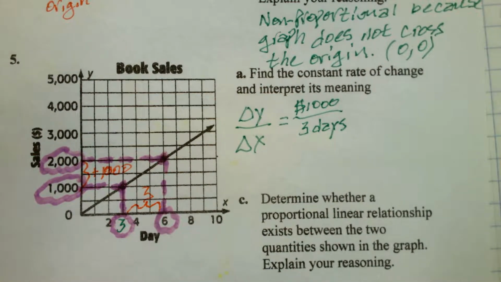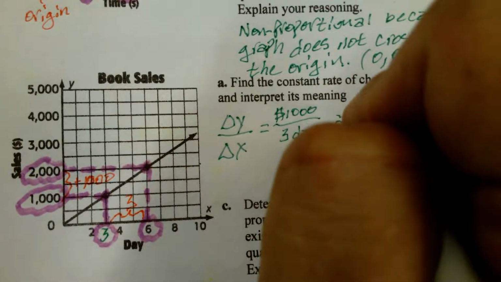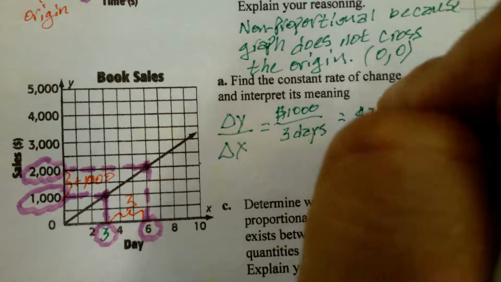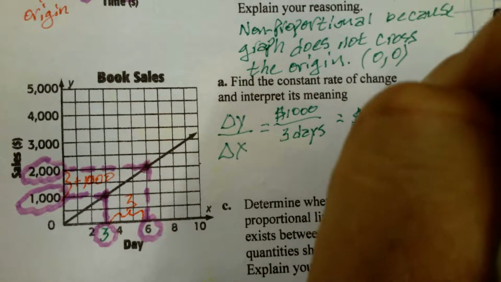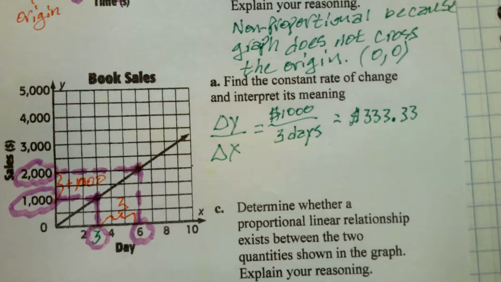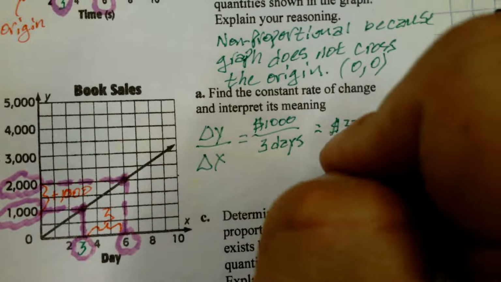Let's find the unit rate. Take your calculators and do 1,000 divided by 3. And that will give us how much per day? So $333.33 per day.